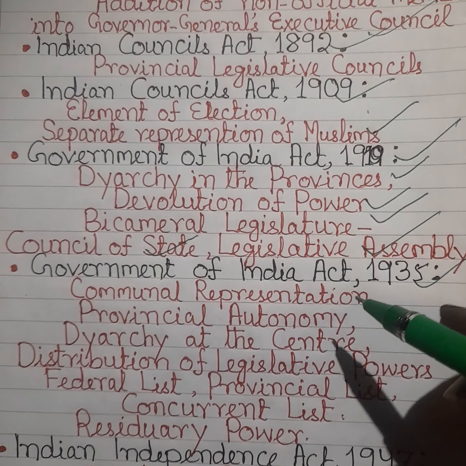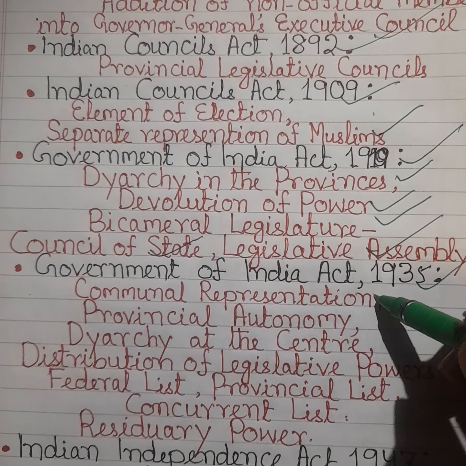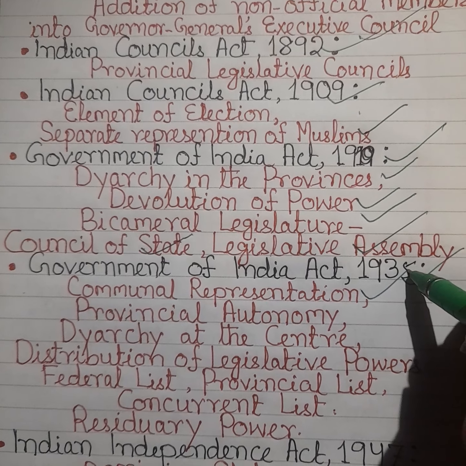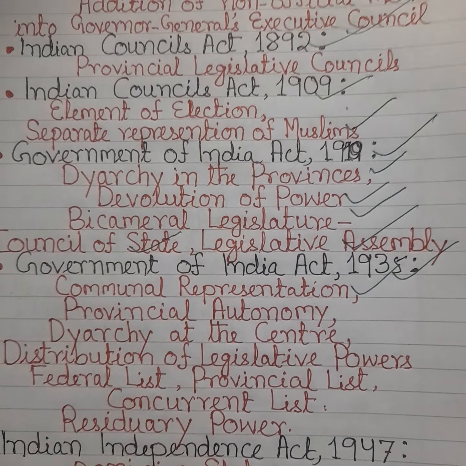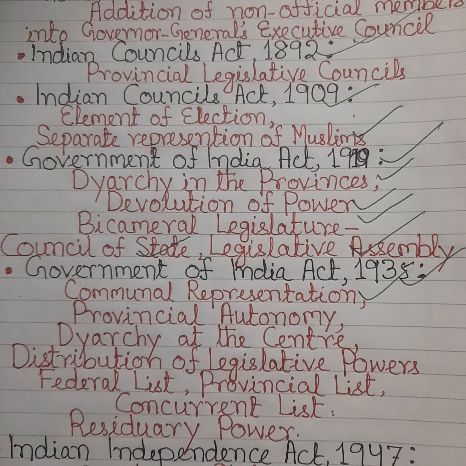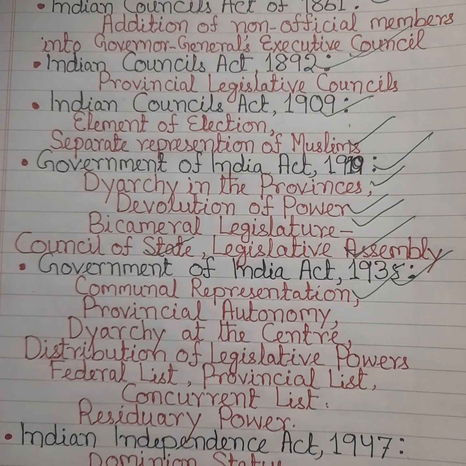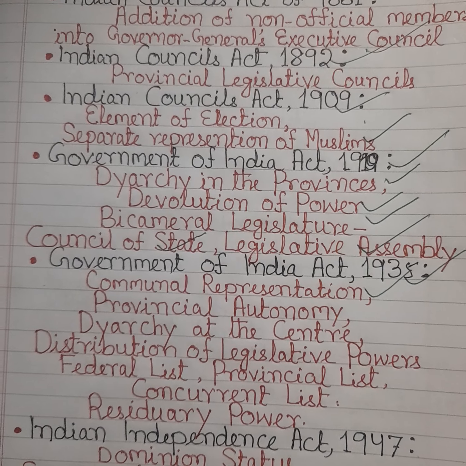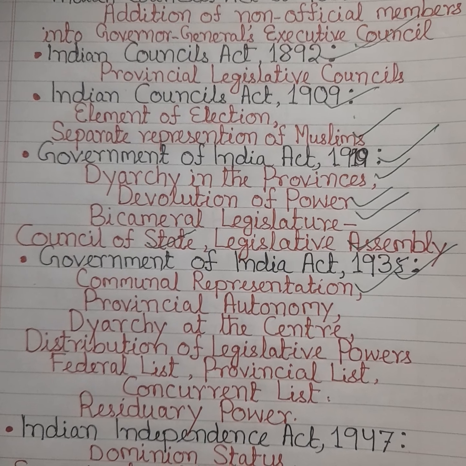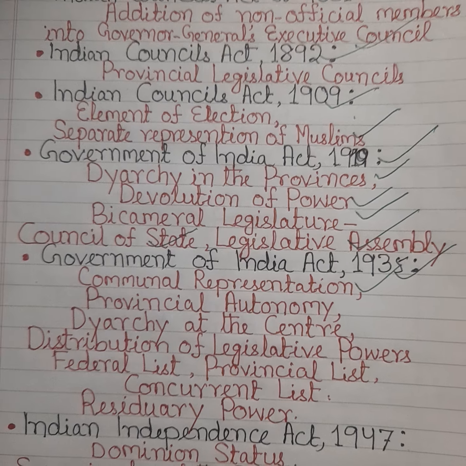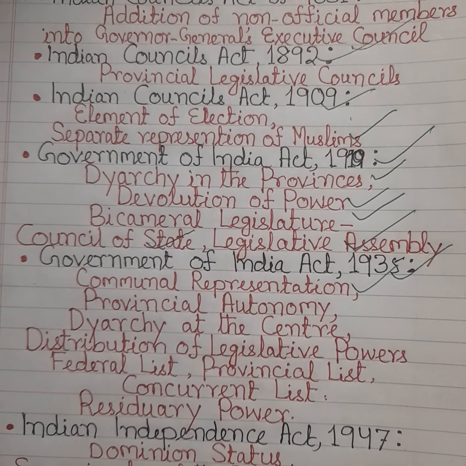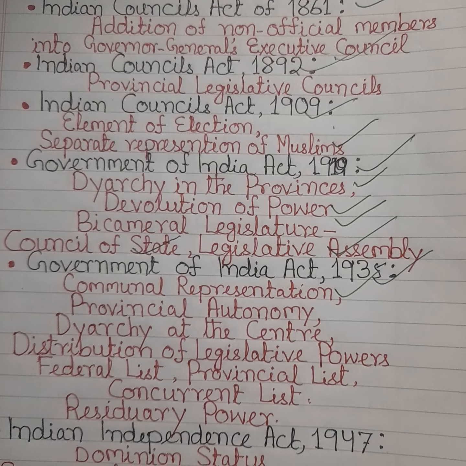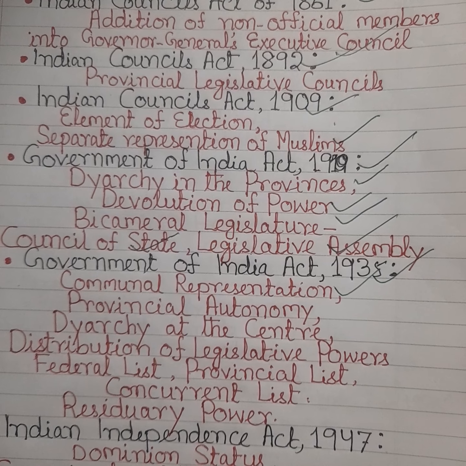So this act introduced communal representation, and the very act was very notorious for that it provided separate representation not only for the Muslims but also for the Sikhs, the Europeans, Indian Christians, and Anglo Indians, thus it created a serious hurdle in the way of building of national unity, which the makers of the future constitution found it almost difficult to overcome.